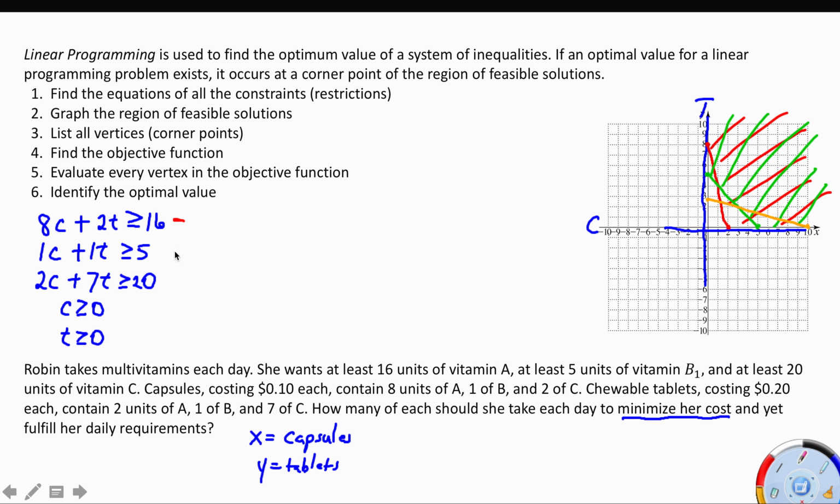Once again, 0 is not greater than 20, so I'm shading this side. All right, to go back and find my region of feasible solutions, right, it's going to be where I've colored green, red, and orange. It's everywhere in this region.